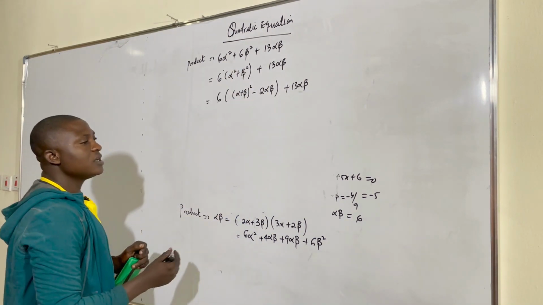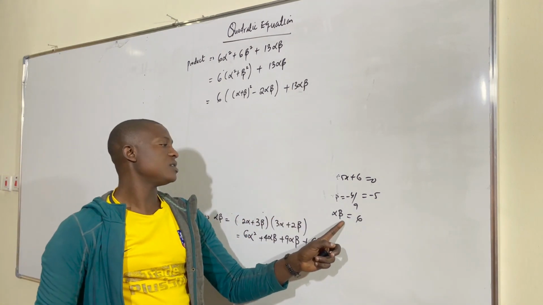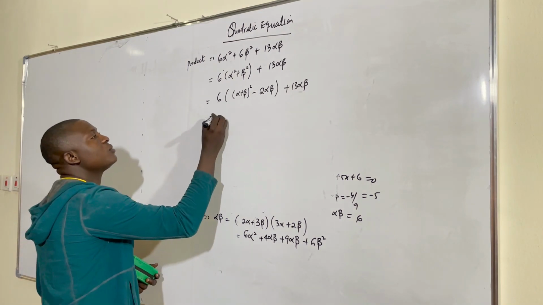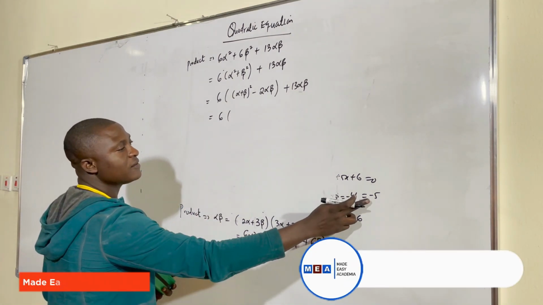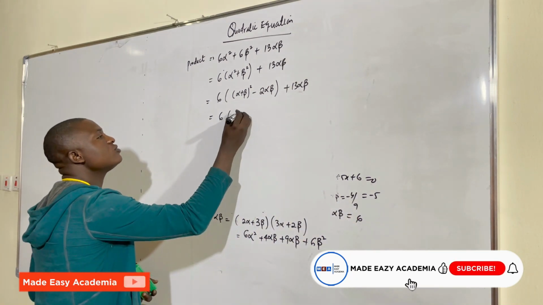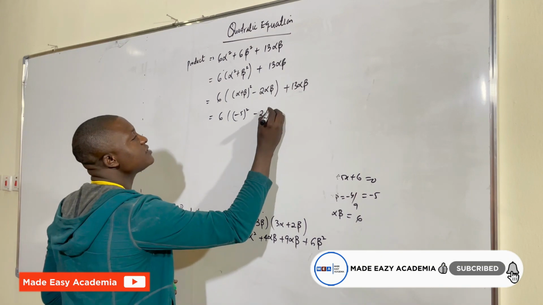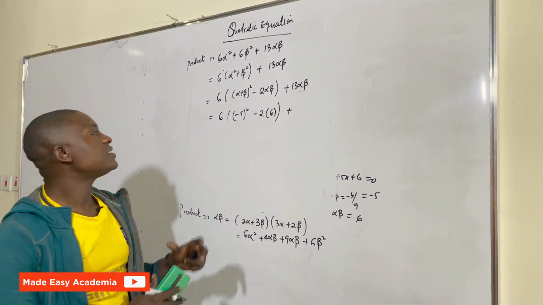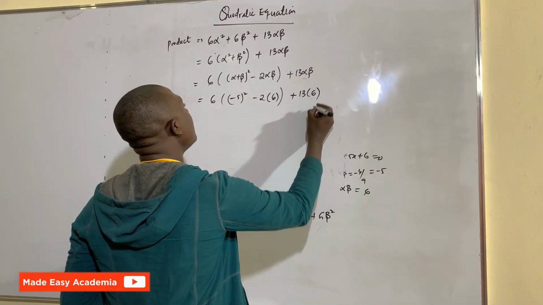So now let's substitute. We have our alpha beta to be 6 and alpha plus beta to be minus 5. So here we have 6 times alpha plus beta, which is minus 5, that's going to be minus 5 squared minus 2 alpha beta, which is 6, plus 13 alpha beta, which again remains as 6.